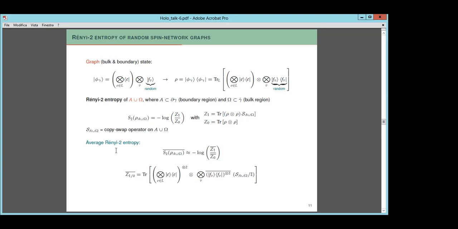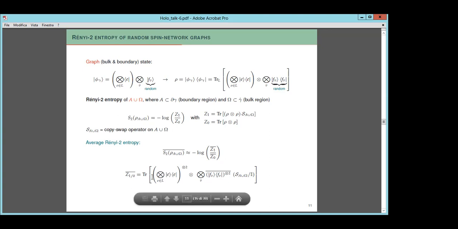Now we look at the average Rényi entropy. Since we are assuming a random distribution of the vertex wave functions, and we also consider the regime of high dimensionality of the involved degrees of freedom, the average entropy is given by the logarithm of the average values of the Z1 and Z0 quantities.